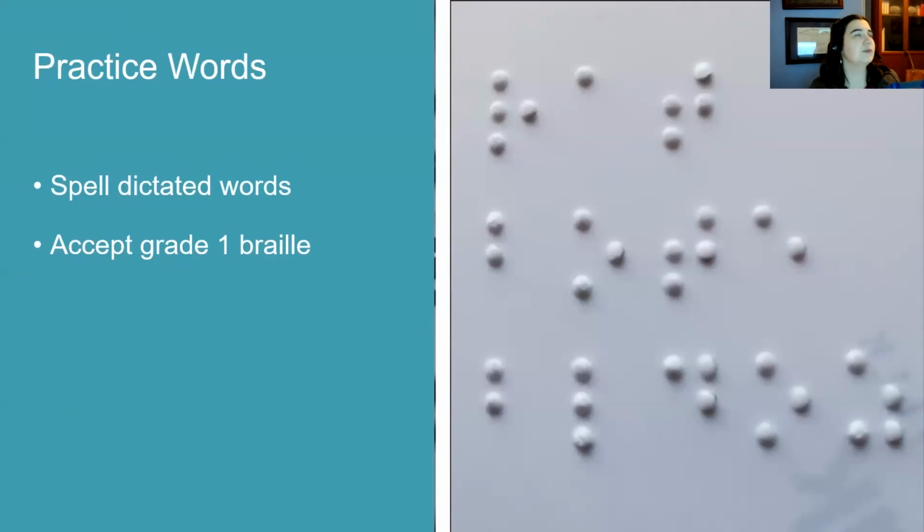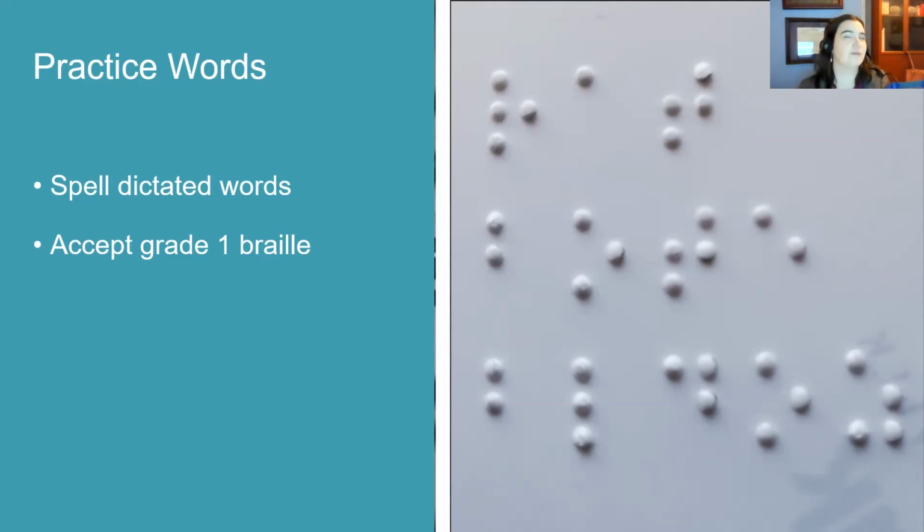And then practicing words. So spell dictated words, that's always a good exercise. Except grade 1 Braille. If the goal of the lesson is to practice the Slate and Stylus, let the goal be to practice the Slate and Stylus. If the goal of the lesson is to practice contractions, then practice contractions.